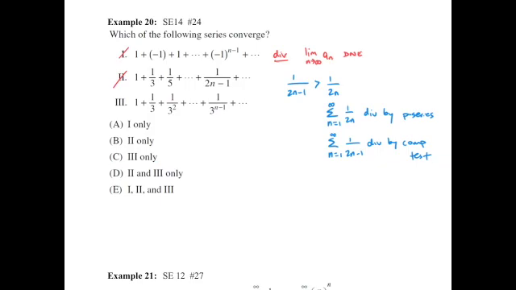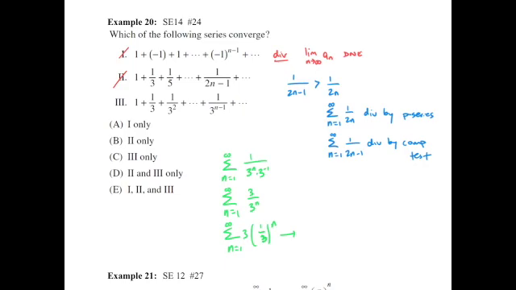For number 3, I would just rewrite this as 1 divided by 3 to the n times 3 to the negative first. That's the same thing as 3 divided by 3 to the n. And that's the same thing, if you want to write it one more time, as 3 times 1/3 to the n.